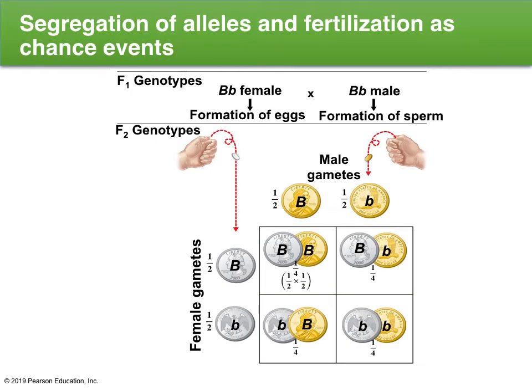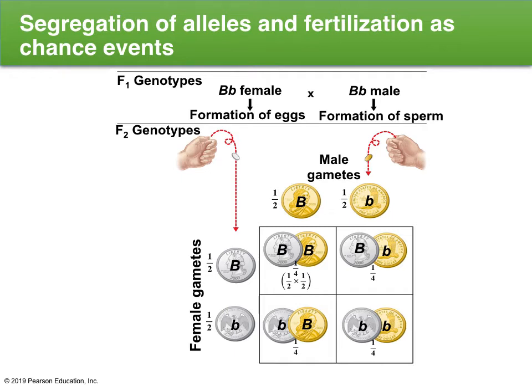So here's our F1 genotypes, right? So both are heterozygous. So when they form eggs and sperm, it's a 1 out of 2 chance it will be either the dominant or the recessive allele, right? Like a coin toss, it can either be heads or tails. All right, same thing for the male here, right? The gamete can either be bearing a copy of the dominant or a copy of the recessive.